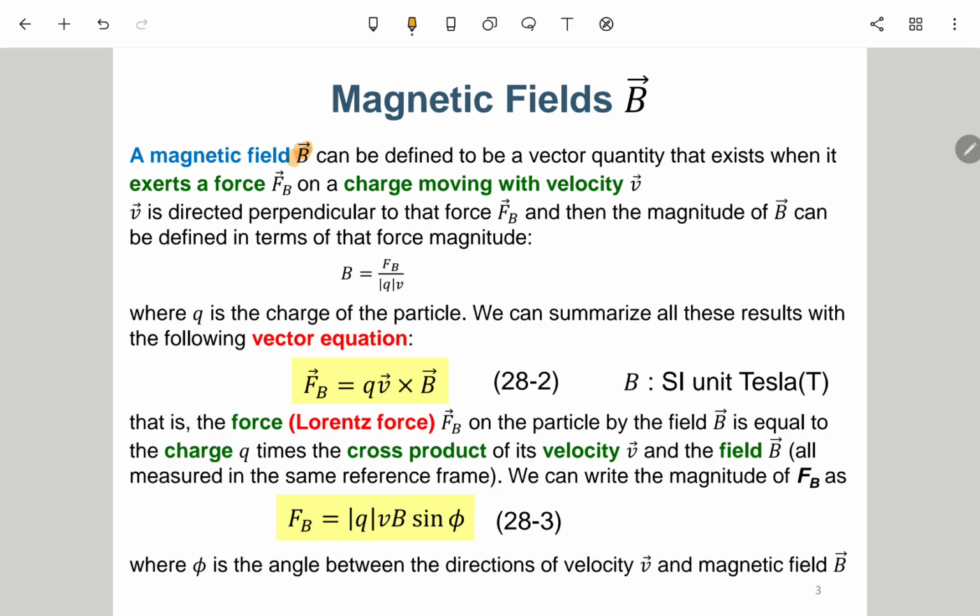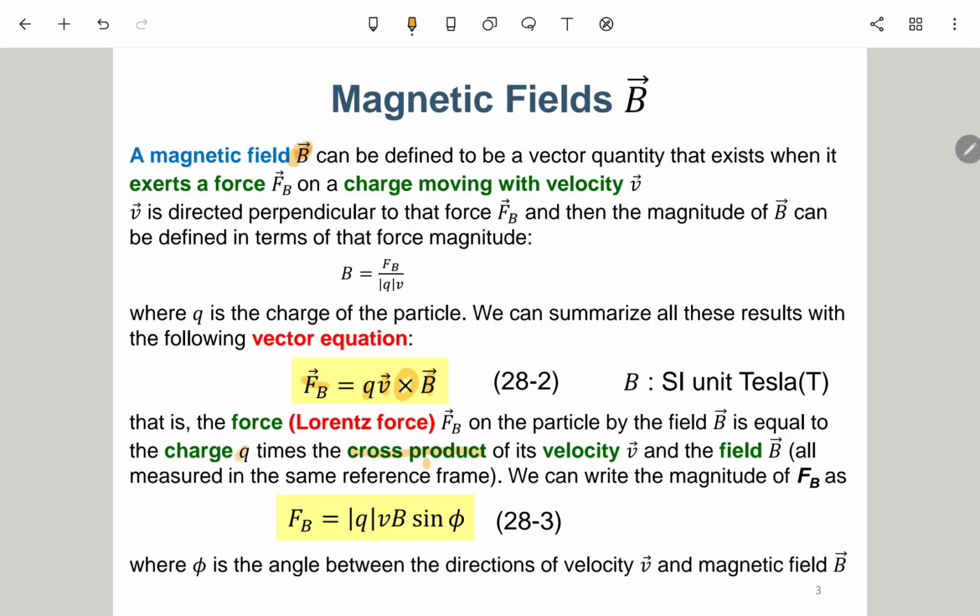In that sense, here we discuss what the interaction will be when a charged particle enters the B field. The equation is F_B equals q times v cross B. This is the cross product.